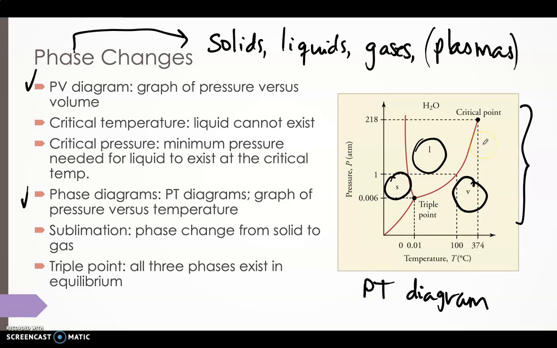Okay. And at some point there is a critical temperature, there is a critical pressure. And these are going to be where liquids can't exist. We also have a couple of other ideas called the triple point, where all 3 phases will exist in equilibrium. Okay. We have, okay, here's our critical point here.